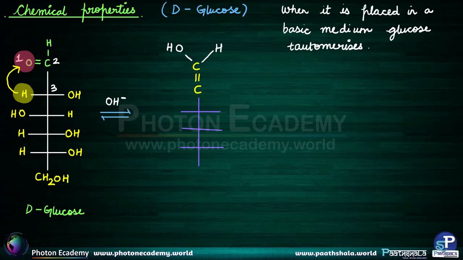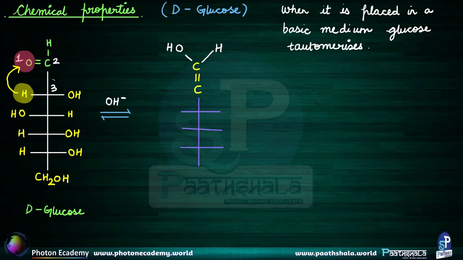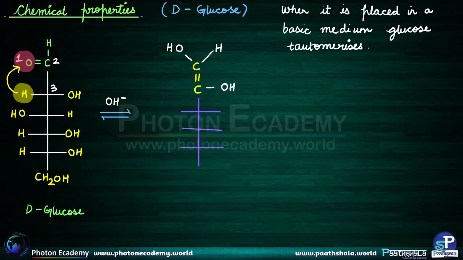There was an H already present, and at this third place an OH remains, and the H on the left side is already lost to this O. So what is happening in tautomerization basically is that an H is moving and a double bond is moving, and the rest of the structure looks exactly the same.